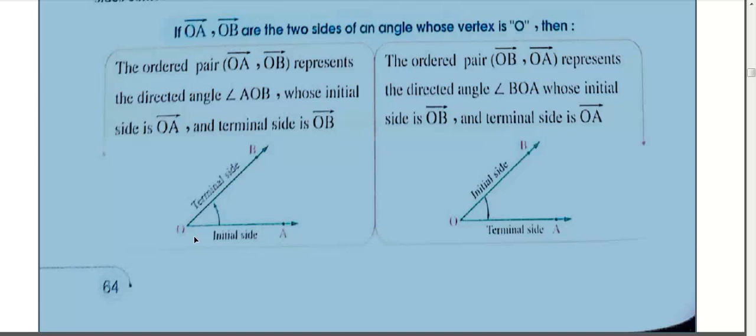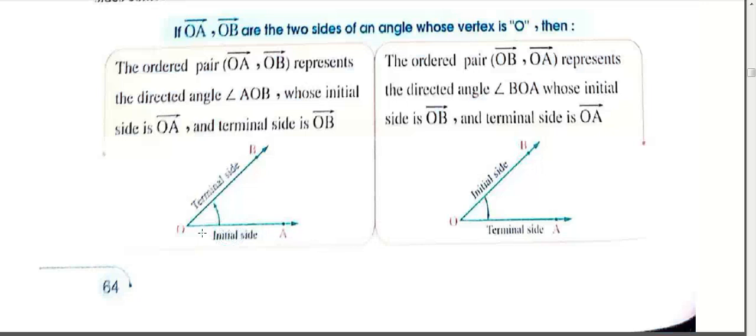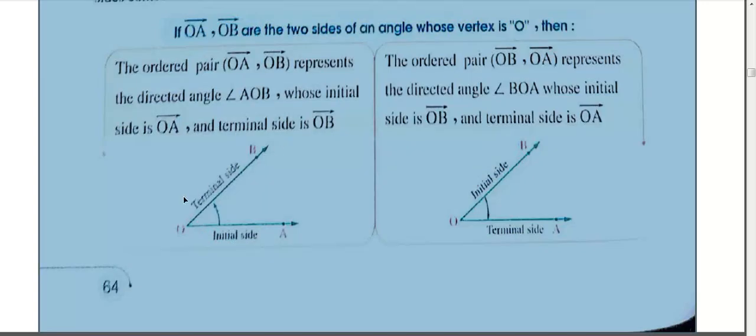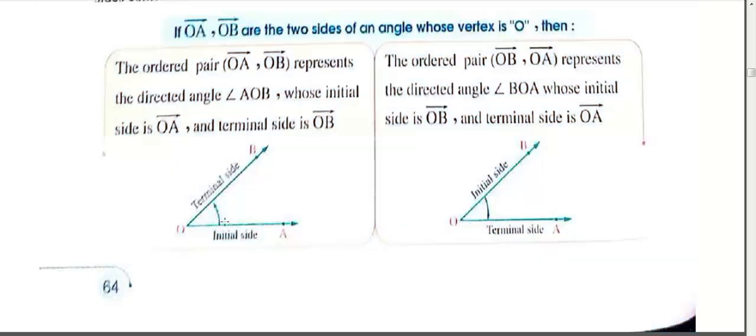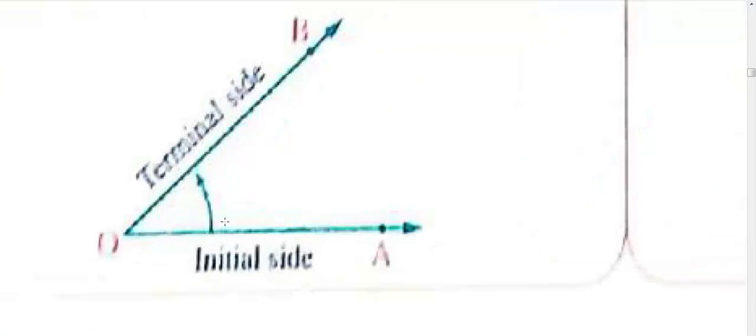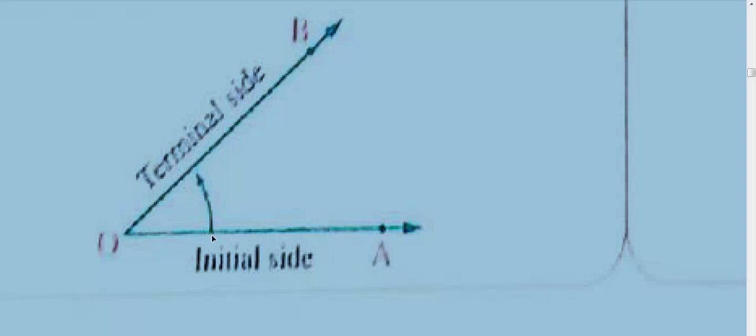Look here, OA is the initial side and OB is the terminal side, because this arrow comes from OA to OB. So OA will be the initial side.